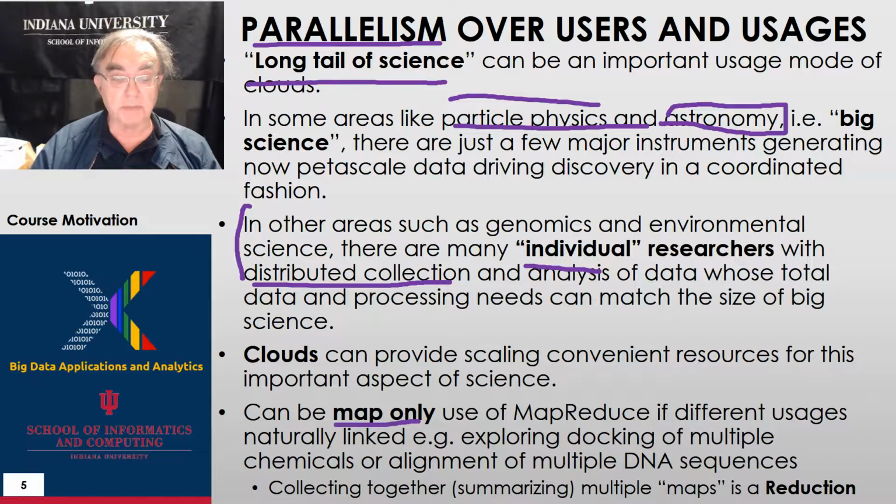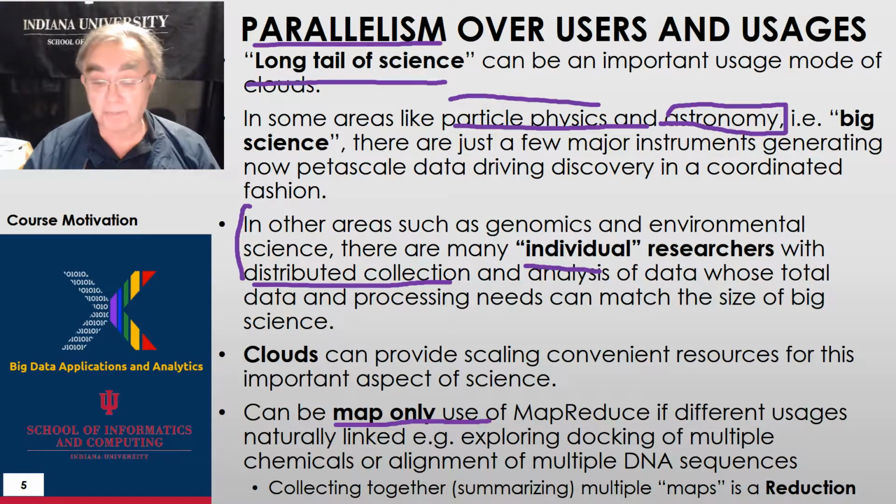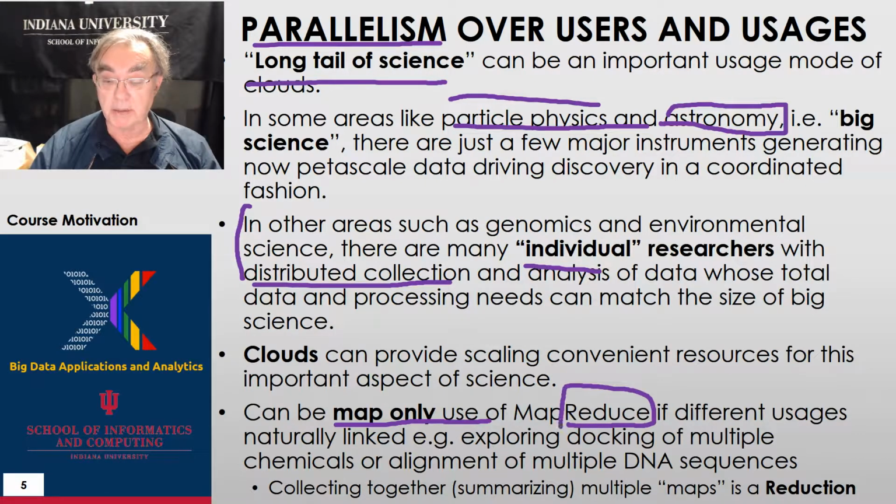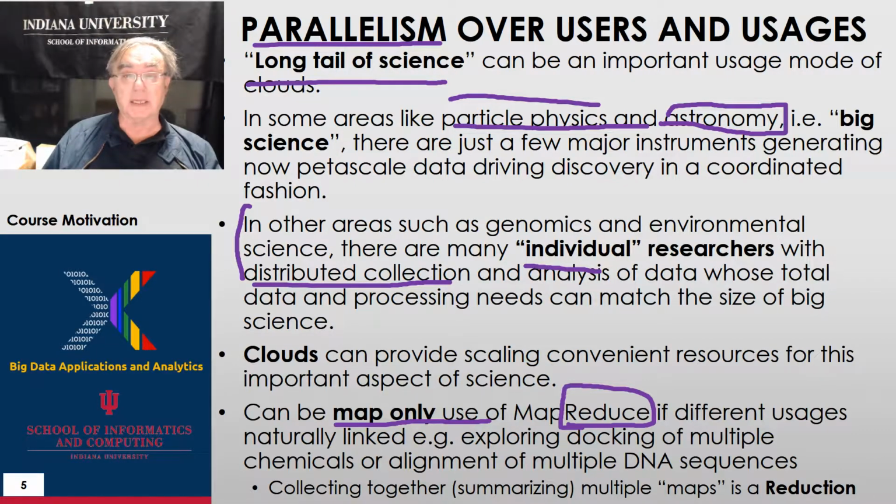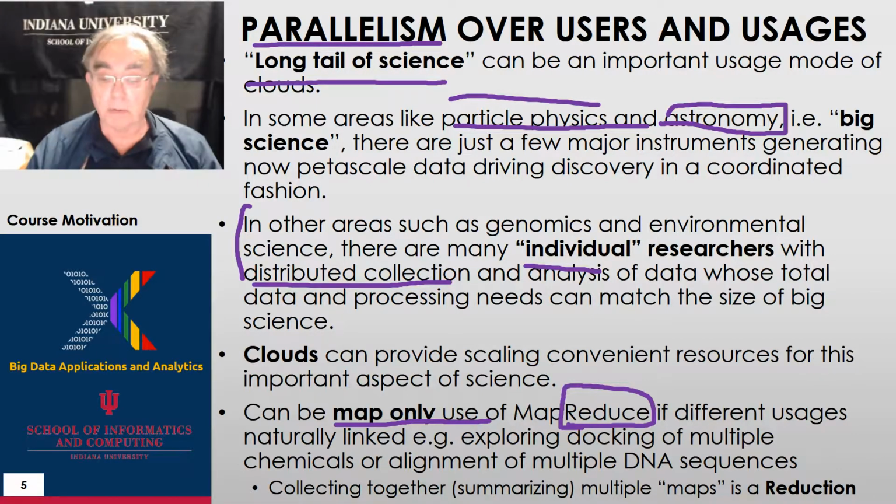And as I mentioned, we can either do the map-only version of MapReduce, just running computations, or we can do map followed by reduction, where the reduction is typically collecting many jobs together, such as in the discovery of the Higgs boson analysis.